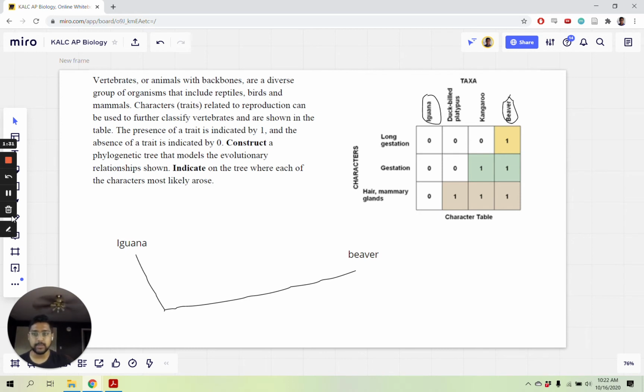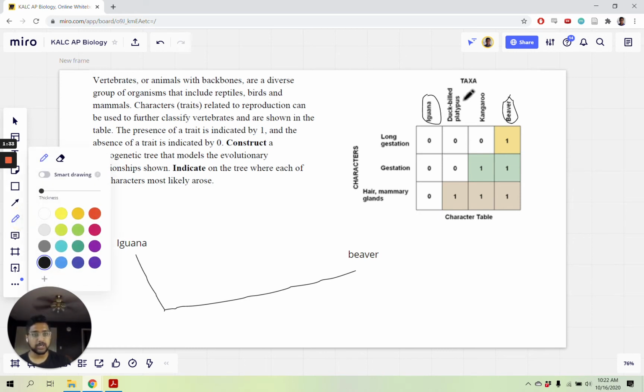So somewhere in between, we need to put the duck-billed platypus, and we need to put the kangaroo. The other issue is that we need to make sure that these traits, hair and mammary glands, gestation, and long gestation, really fall within the lines that we're going to put here. So what I can see next is, I've got the iguana, it's got 0 of the traits. Then we're going to look at the duck-billed platypus.